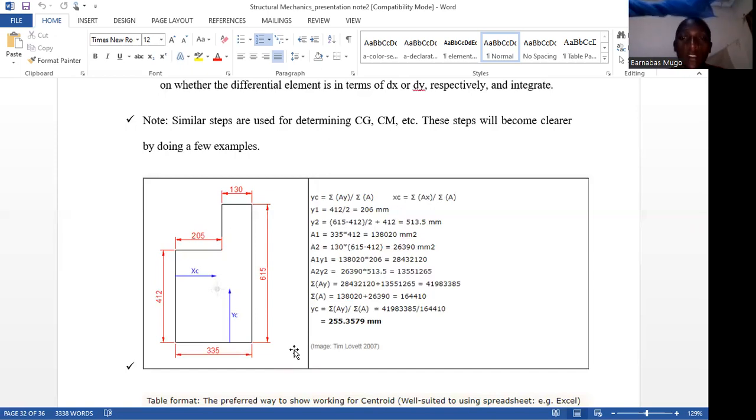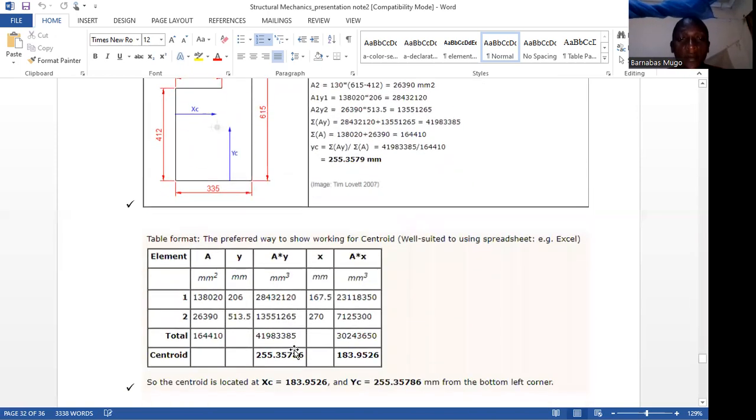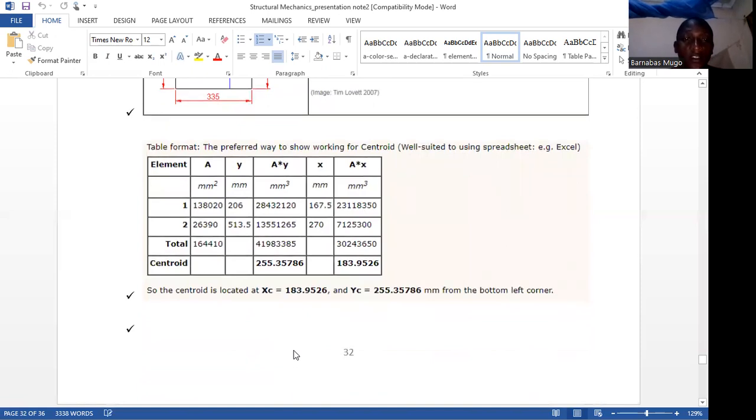Those are the ordinates of that centroid. So this is just the summary of elements 1 and 2. You have their areas, you have their Y, you multiply, and then you get that section. Then you have the X, you have all the A times X, you get that one. Then X and Y will be our ordinates.